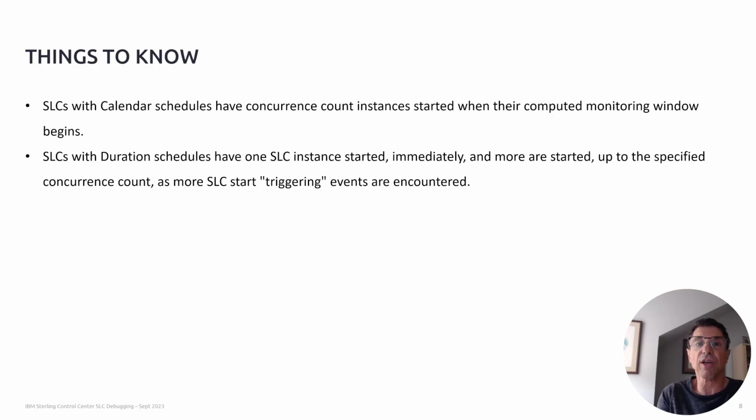If you have your concurrence count set to 1 and 5 of them are running simultaneously, Control Center is not going to look at 4 out of the 5. So be sure concurrence count is set appropriately for the kind of schedules associated with your SLCs.